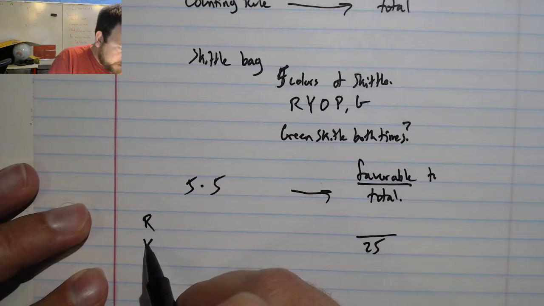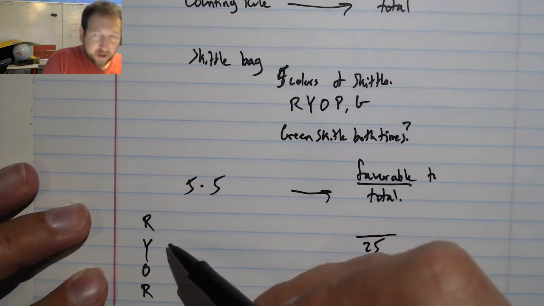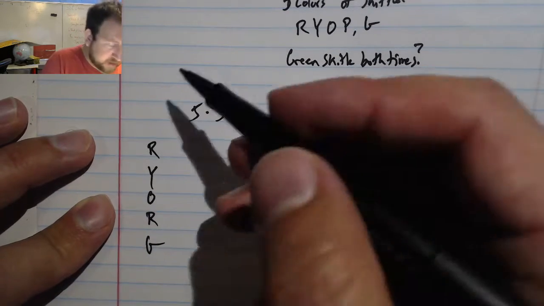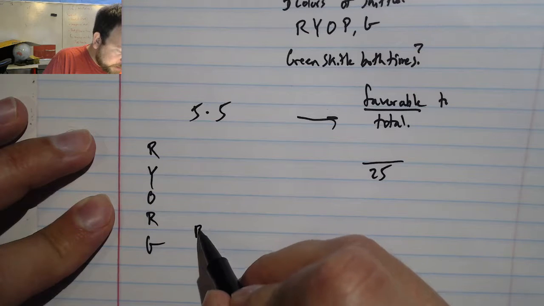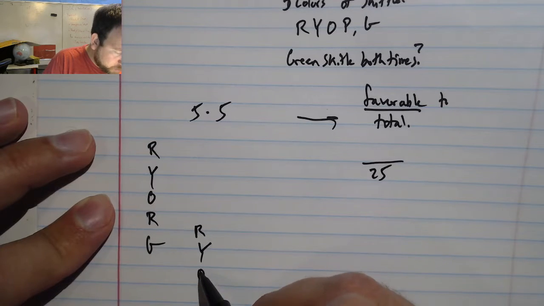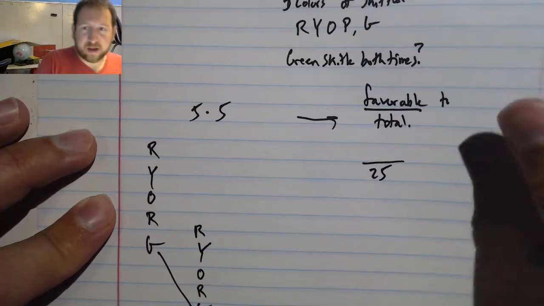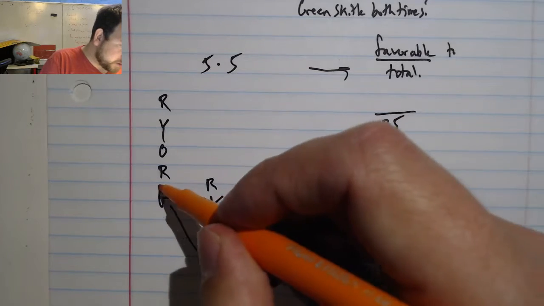If I look at red, yellow, orange, purple, and green, up here, I can kind of skip those because I'm not that interested in those outcomes, and I know that there's going to be no double greens in there. But if I go here, red, yellow, orange, red, green, I can see that my green choice only shows up once in this whole chart.